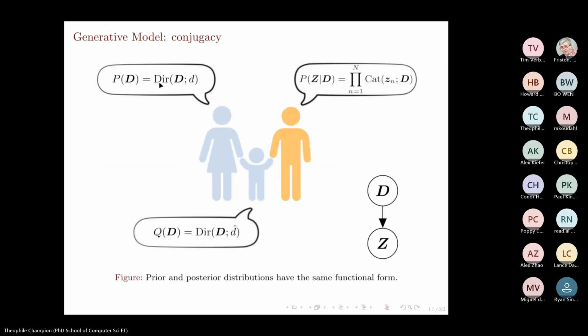And when they combine to form a posterior distribution, they form a child, which is another Dirichlet. And what's important is that both are Dirichlet distributions. So those parameters could be copy and pasted to the prior, and this will become useful in the remainder of the presentation.